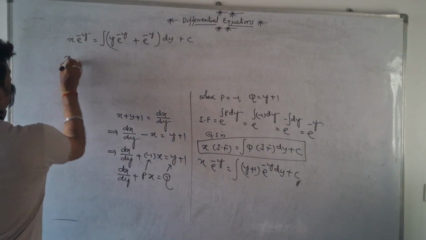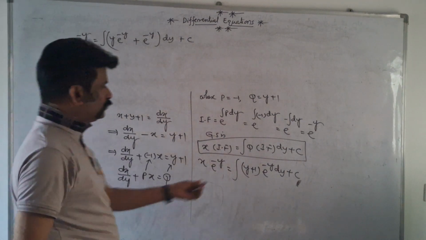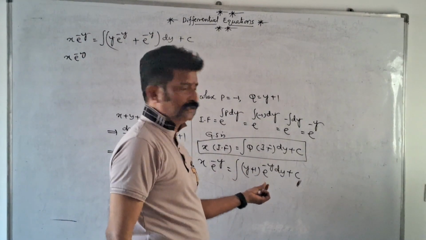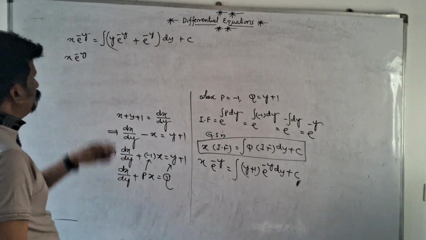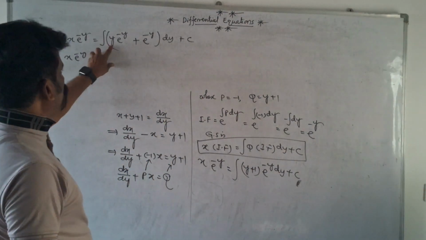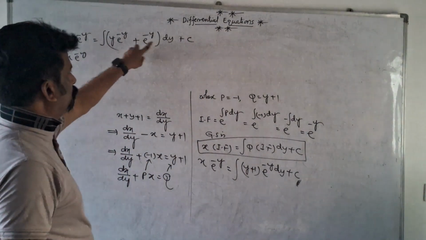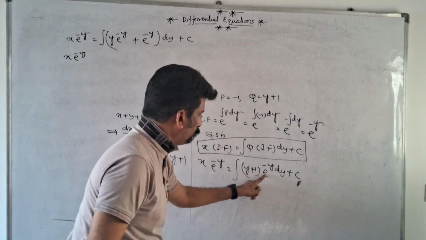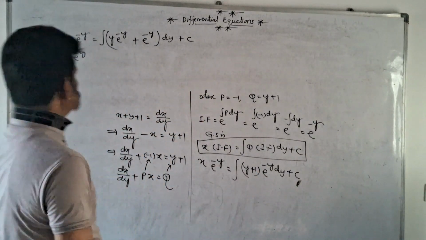So actually there is no need to split this, you can do it directly, but from the student's point of view it is very easy. The integral of y times e to the power of -y plus the integral of e to the power of -y.